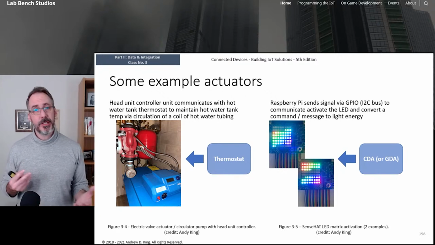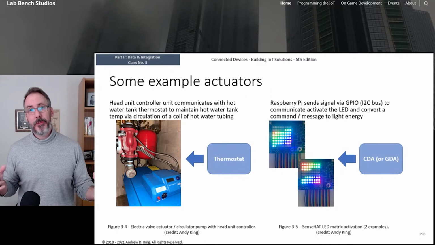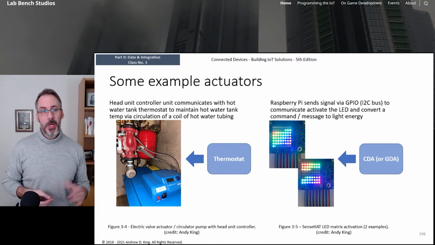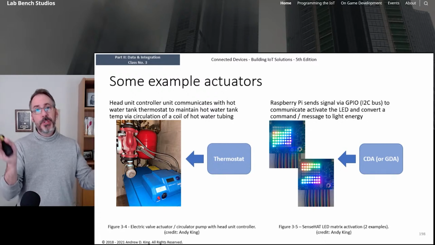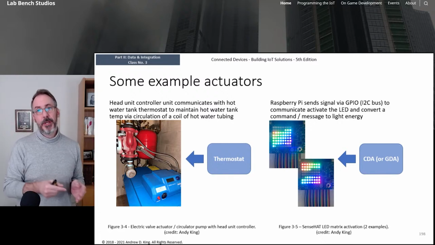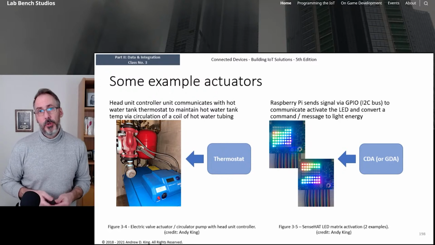A zone in a heating system is really just a cordoned off area that has a dedicated circulator pump associated with it, or perhaps a single circulator pump that pushes water through the whole system, and then valves that actuate for a given zone or close off that zone.